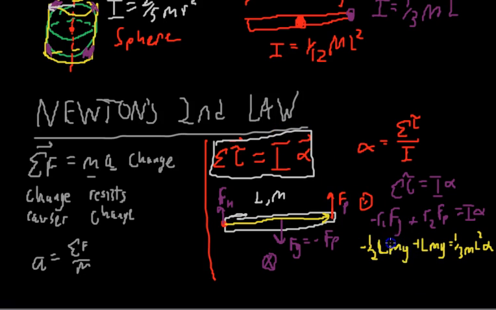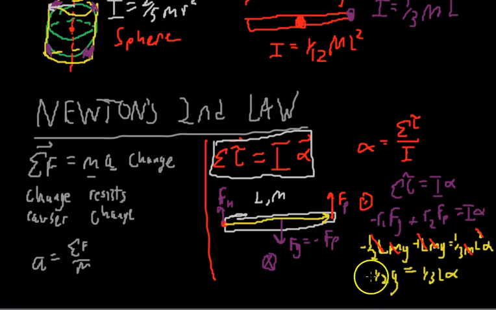I can get rid of an m, that's in every term. I can get rid of one of the l's, because that's in every term. And then what I'm left with is negative 1/2 g plus g, so this ends up being 1/2 times g equals, and over here I have 1/3 L times alpha.